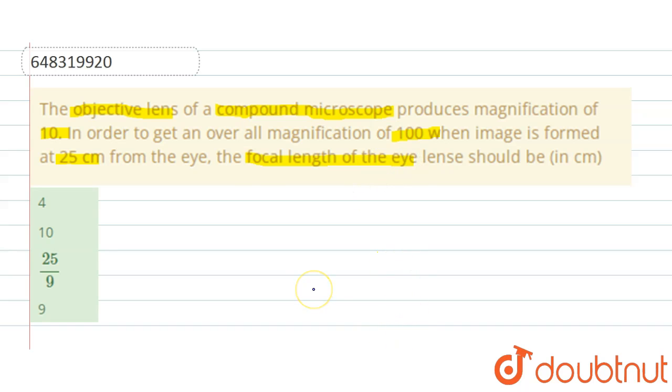Now here students, it is given that for the compound microscope, the magnification of objective lens, that is MO, is given as 10, and the overall magnification of the compound microscope is M equals 100.